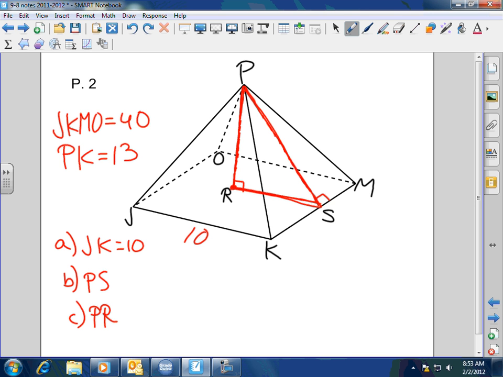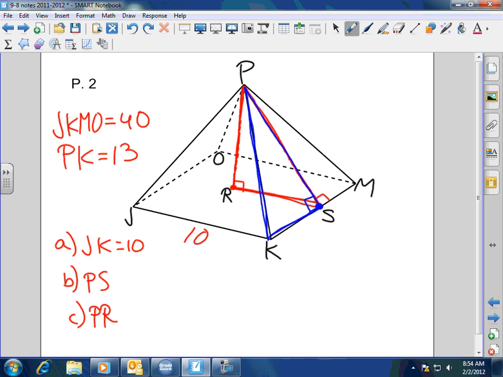So how would we find the slant height of PS? Let's look at the right triangle here that we can form. Don't we know that PK is 13? And don't we know that if I take this slant height, which is an altitude, which creates a 90, and I take half of the base, I connect it with this PK, what would PS be then? 12, absolutely.